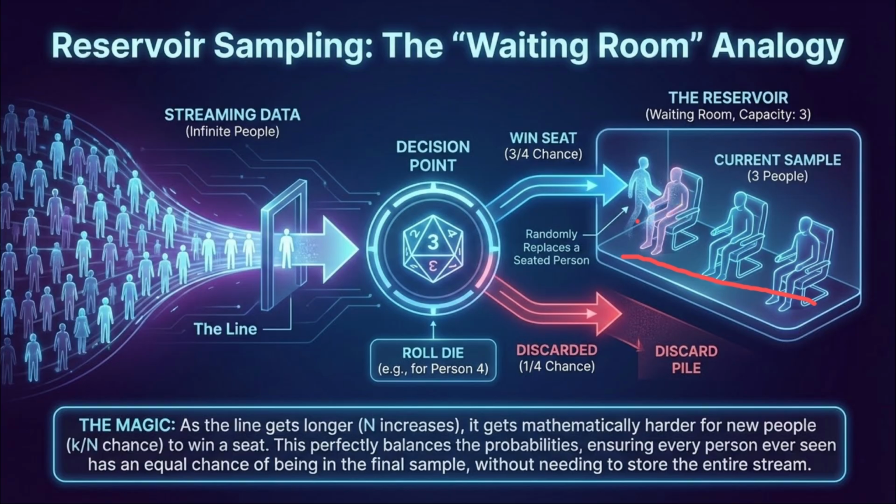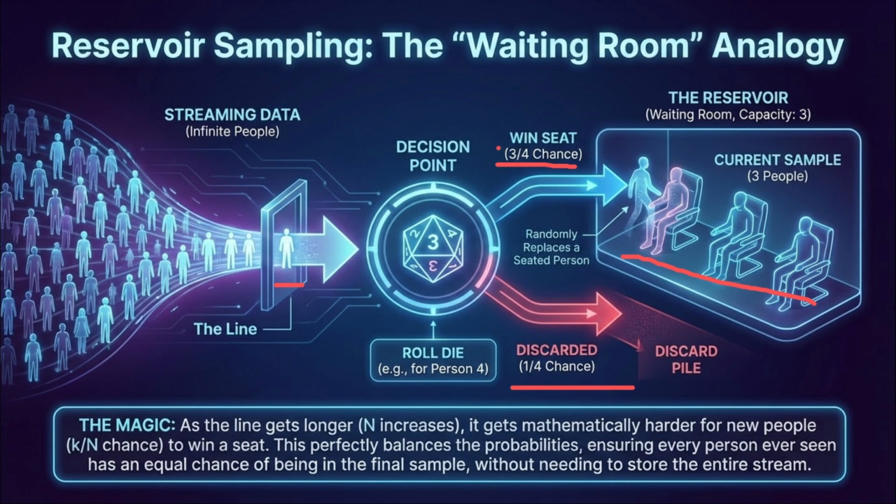So let's say the first three people come, they'll sit on the chairs, and then the fourth person comes, and there will be a decision point. The decision point would usually be a random number generator, and this fourth person has a 3/4 chance to win a seat and a 1/4 chance to not win a seat.